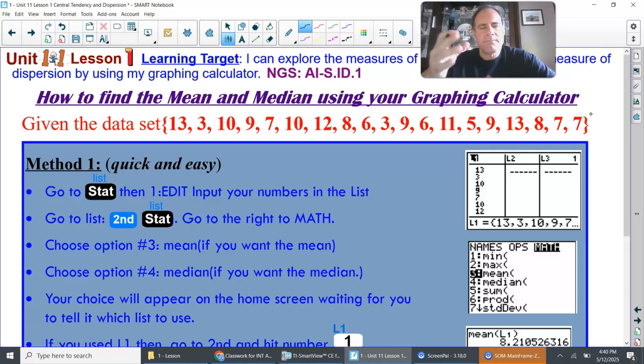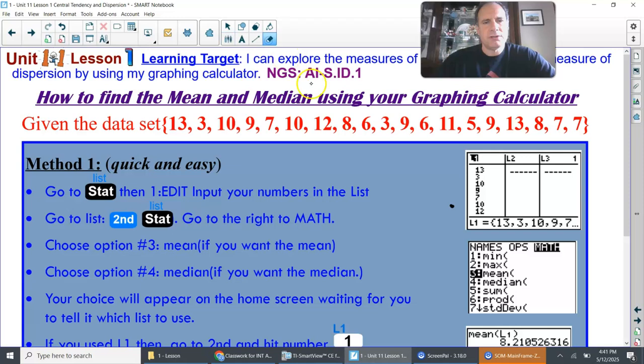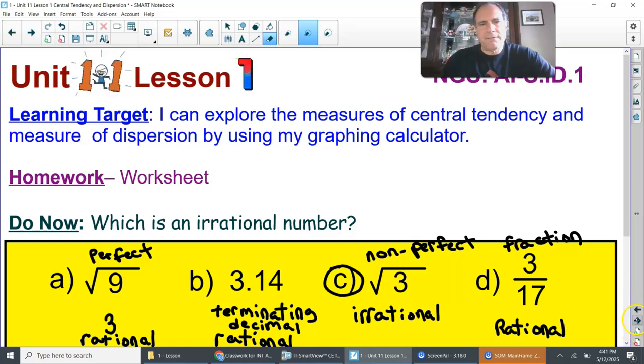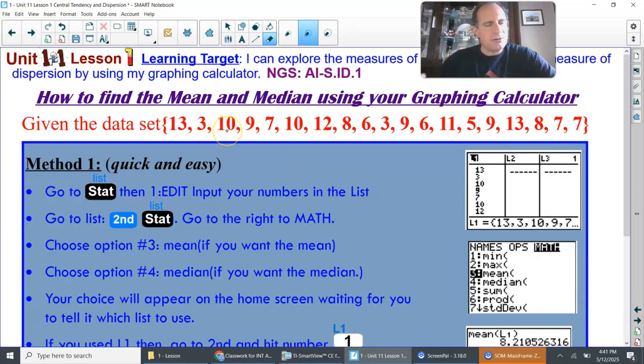Like the mean, you could add up all of the numbers in the given data set and then divide by the amount of numbers, and then you would get your mean. If you want to do it just in the calculator, it's another way, like where I'm going to show you: put your numbers into L1 and then it'll give you the answer.